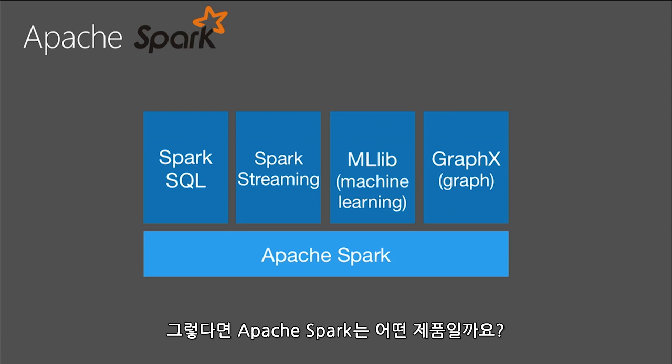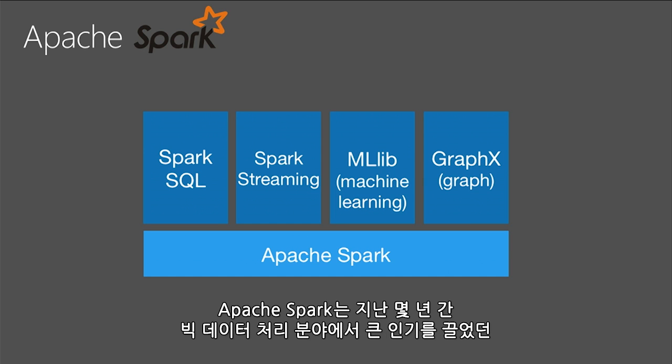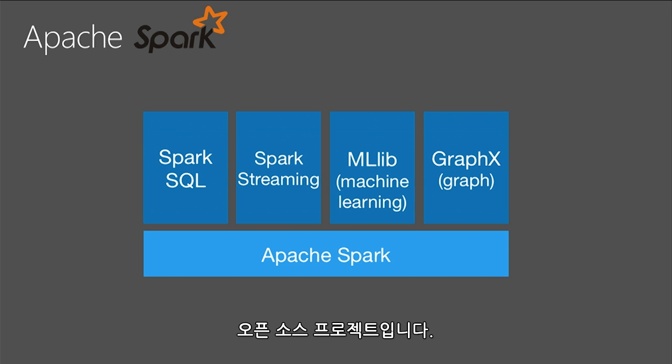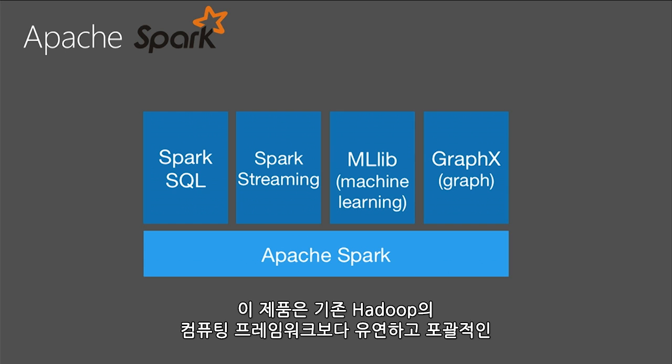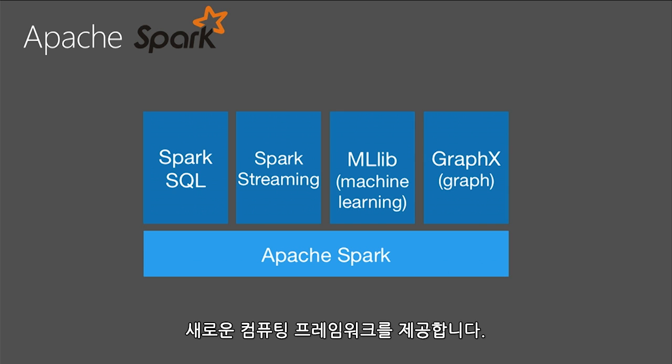So, what is Apache Spark? Apache Spark is an open source project that became fairly popular in the last couple of years for processing big data. It presents a new computation framework that is more flexible and generic than the computation framework of traditional Hadoop.